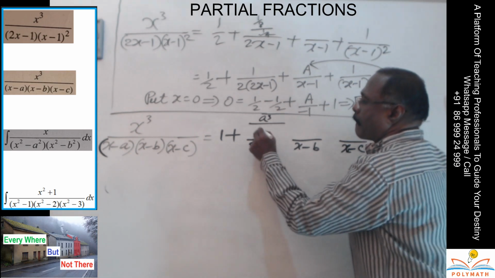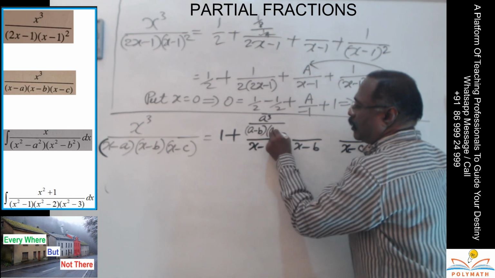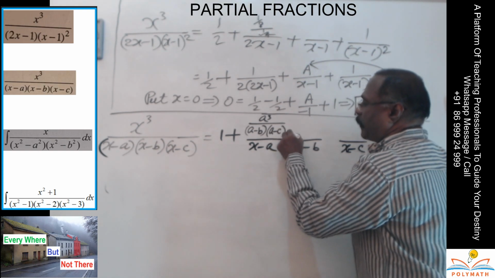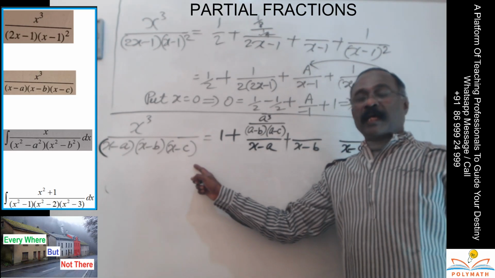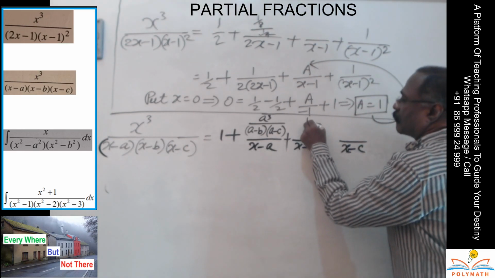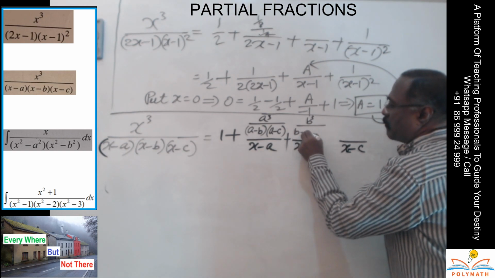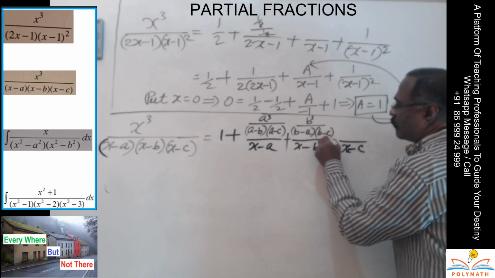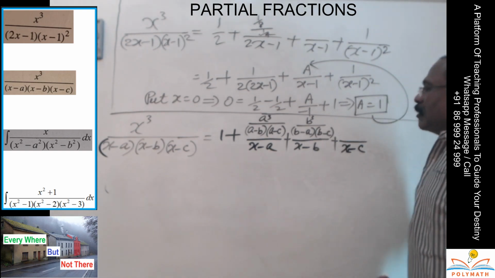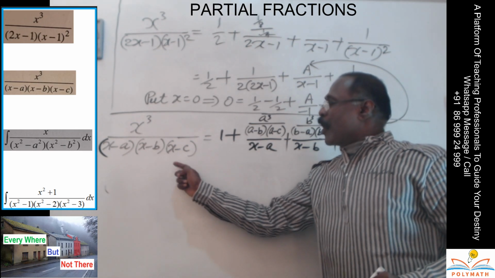divided by (a minus b) into (a minus c), plus, put x equal to b everywhere but not there. It is b cubed divided by (b minus a) into (b minus c), plus, put x equal to c everywhere but not there.